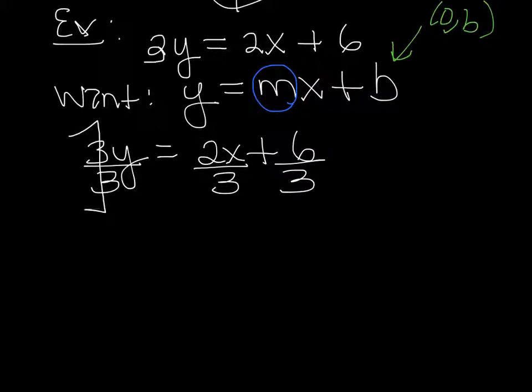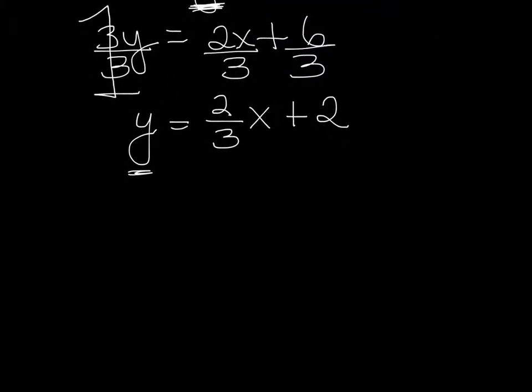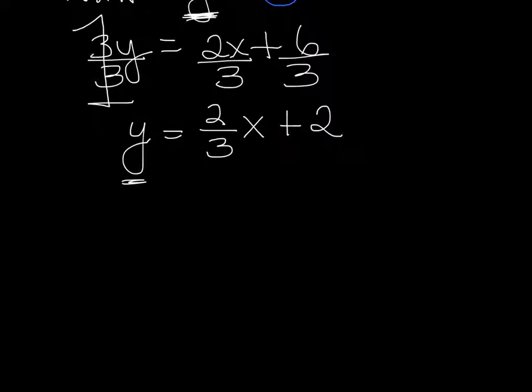Because I want a 1 here, or 1y, which is y, and that's exactly what we want. And y equals 2/3 x plus 2. And now this is in slope-intercept form, right? y equals mx plus b: this is your m, and this is your b.